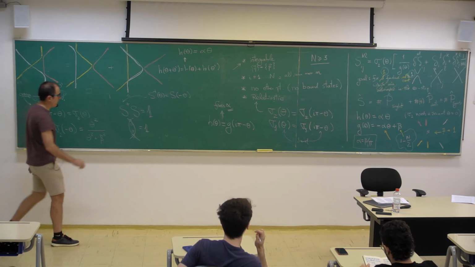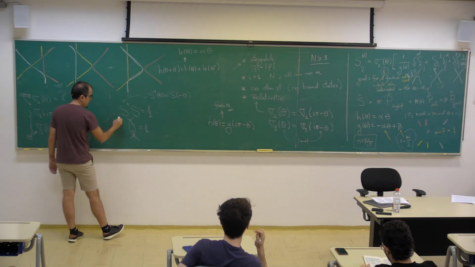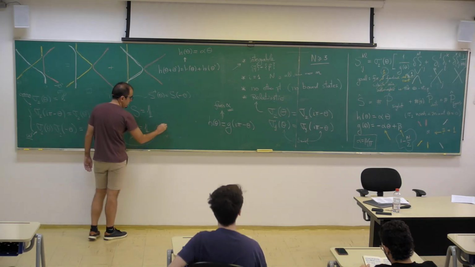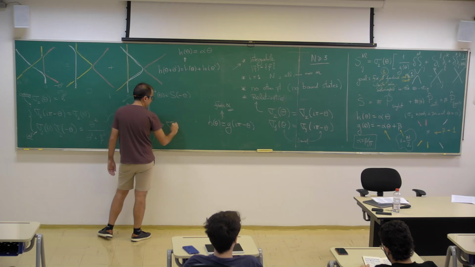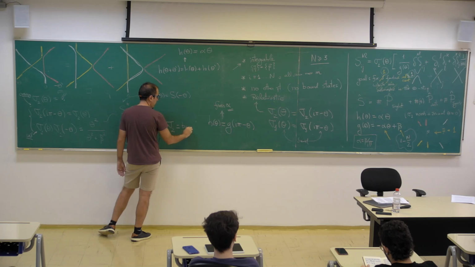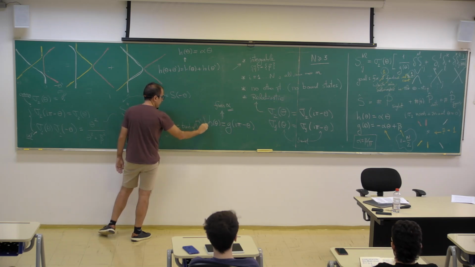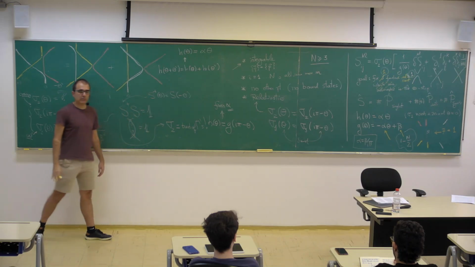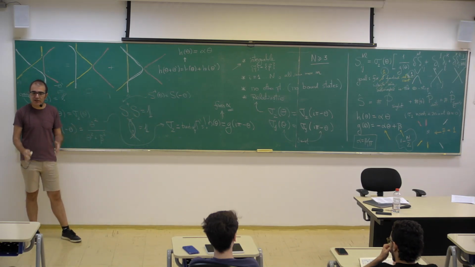I'm probably over time, so I'll just tell you, but if I'm not over time, I can explain a little bit, that this fixes sigma 2 completely. Basically, sigma 2 is a bunch of gamma functions. You can write it as a simple infinite product of gamma functions.